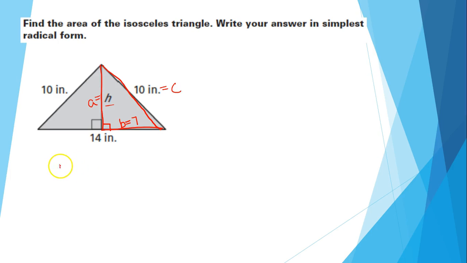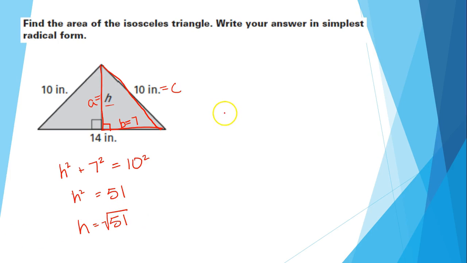So A squared, or H squared, plus B squared equals C squared. Subtracting 7 squared from both sides and evaluating that, we get 51. H is the square root of 51. And again, that can't be reduced any more than this right here.